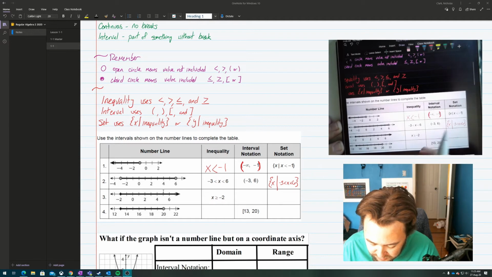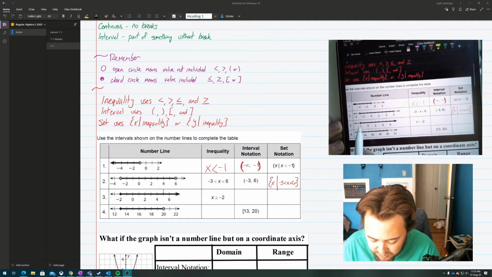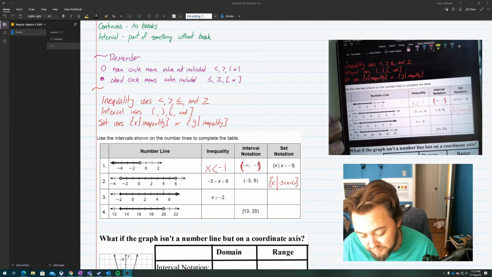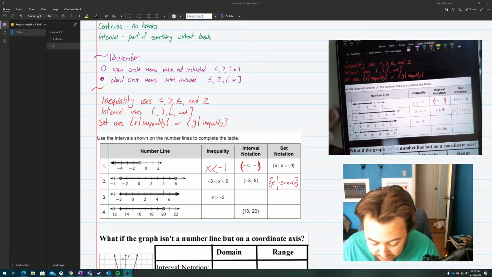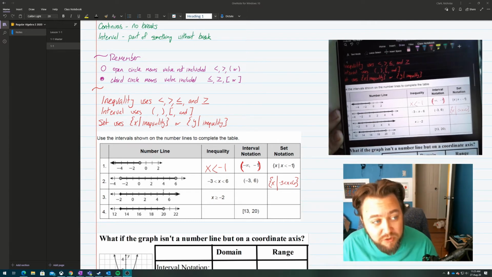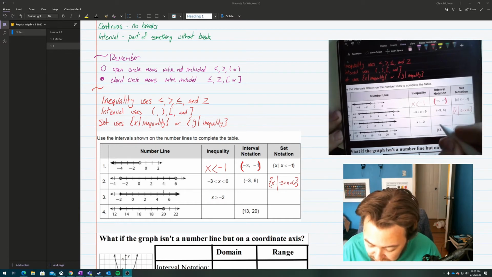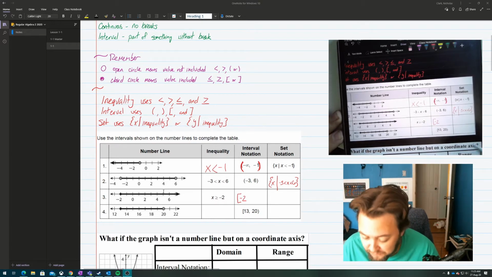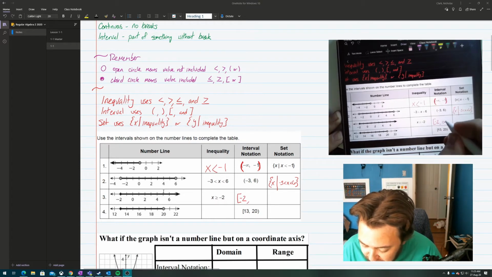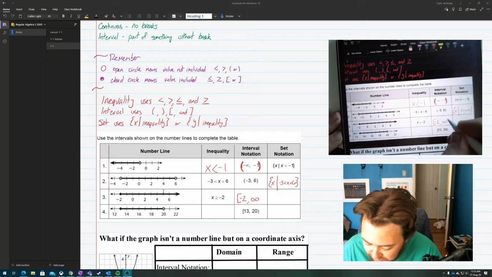Now let's take a look at the next one. So we have -2 to forever. So x is greater than or equal to, notice how it's filled in, -2. So our interval notation here, we know it starts at and includes -2, and it goes on to infinity, but I don't know what infinity is, so I don't know if I can include it.